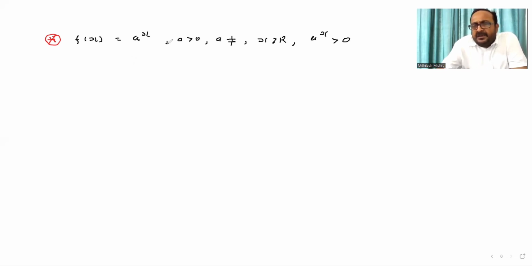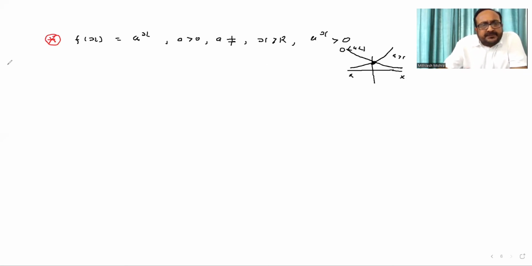In the function chapter, in the graph of exponent and logarithm, it's clear that the graph comes above the x-axis. It was discussed in the class. This is when a is greater than 1. This is when a is less than 1 but greater than 0. So the graph always comes above the x-axis. That's why we are saying that a to the power x is always greater than 0.